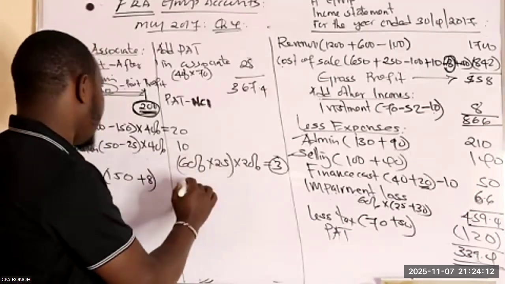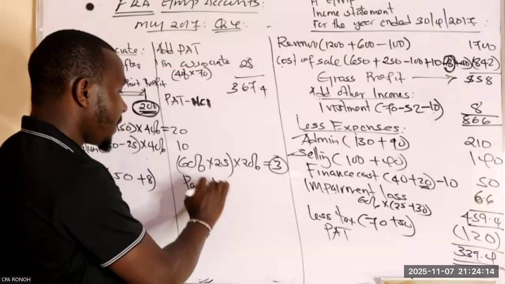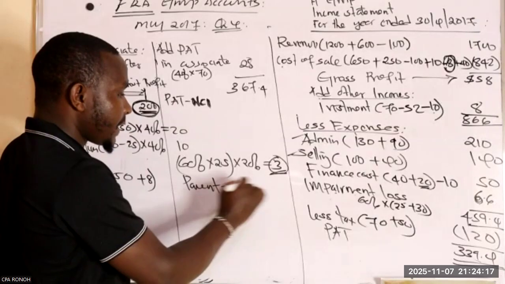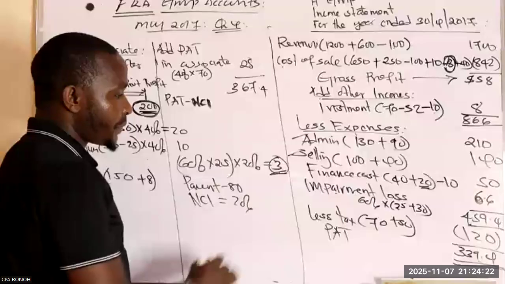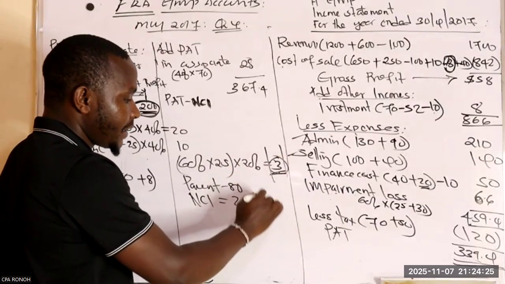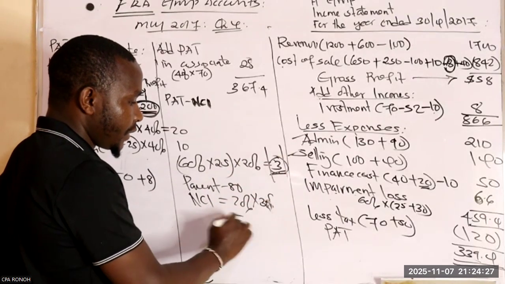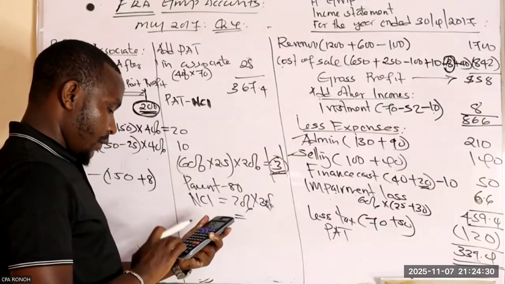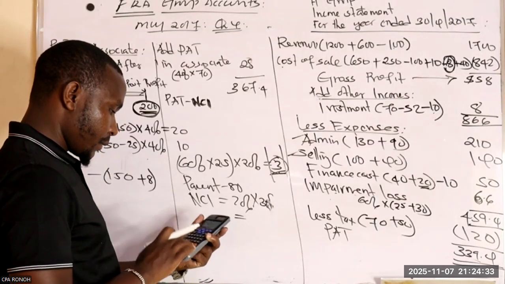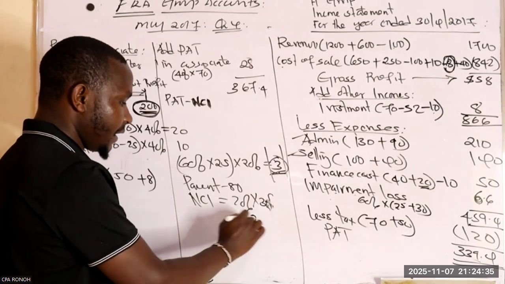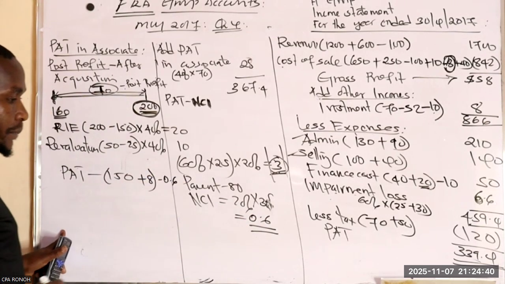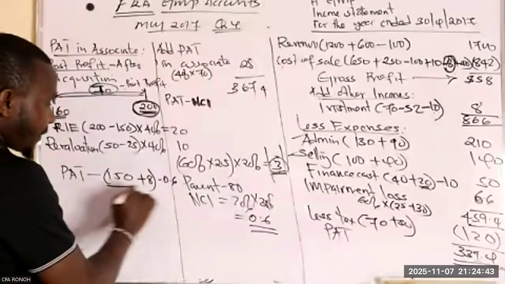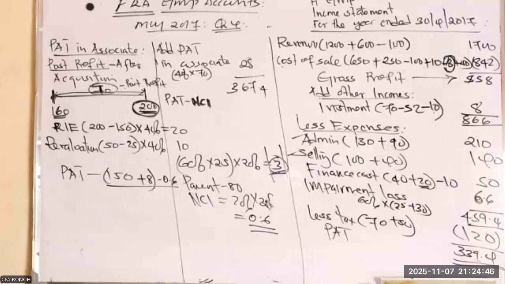The parent controls only 80% of this, which means the remaining for NCI is 20%. So 3 multiplied by 20% gives us 0.6. So I will subtract 0.6 here.